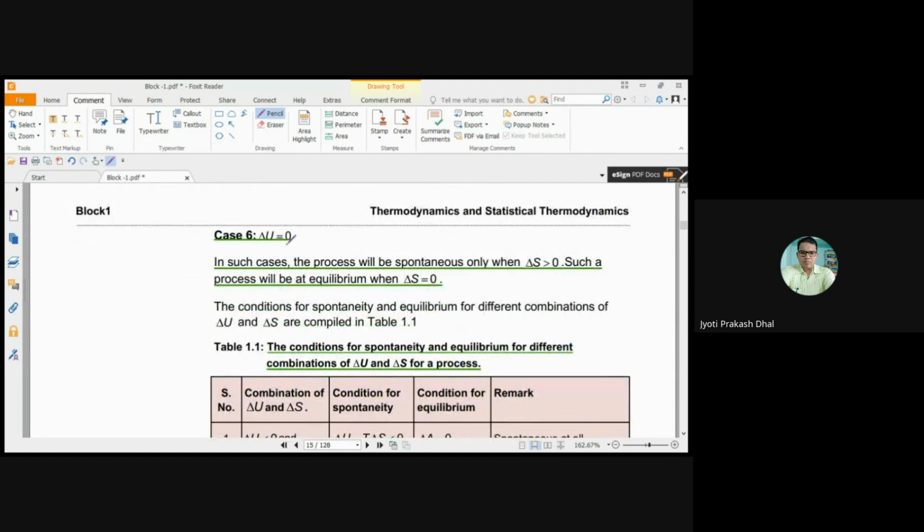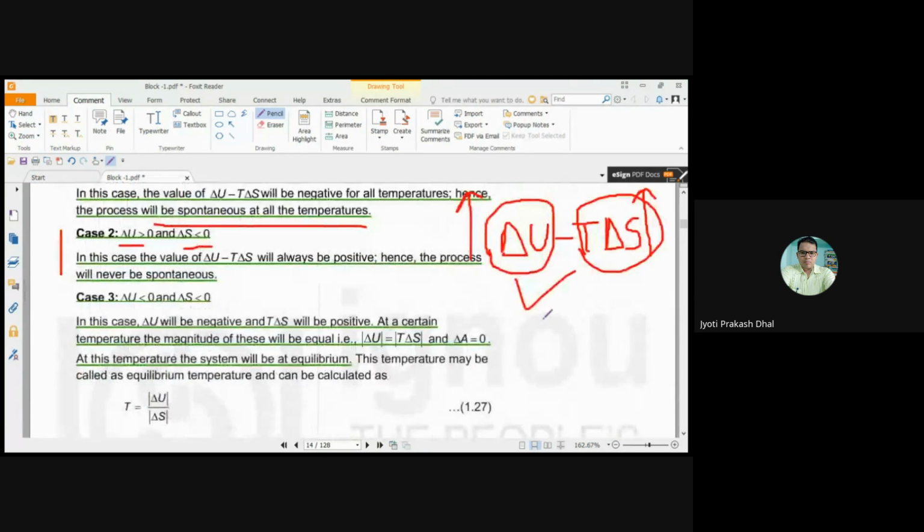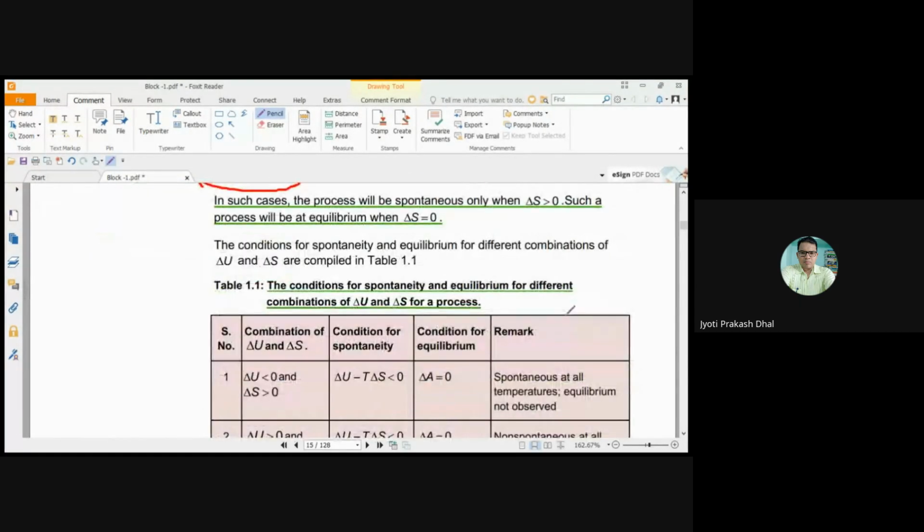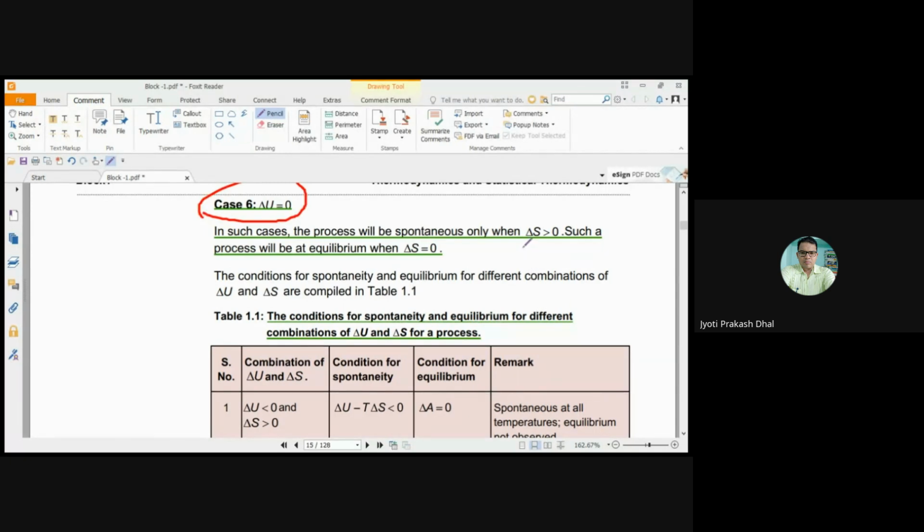Now coming to case 6, where the change in internal energy del U is 0. So if the change in internal energy is 0, only the minus T del S term will be there. The process will be spontaneous only when del S is greater than 0.